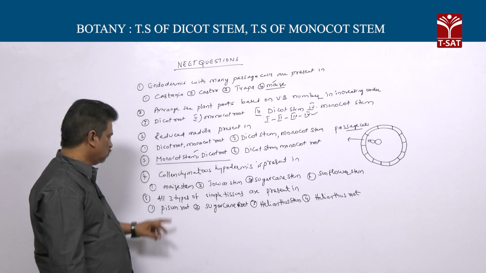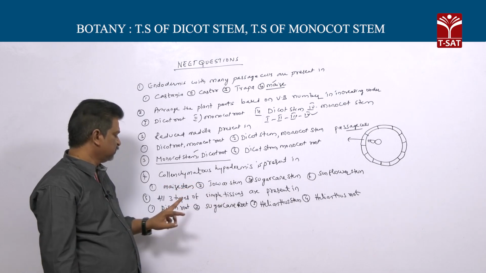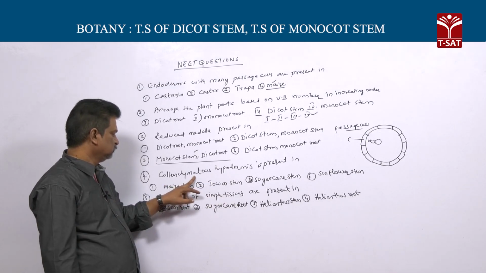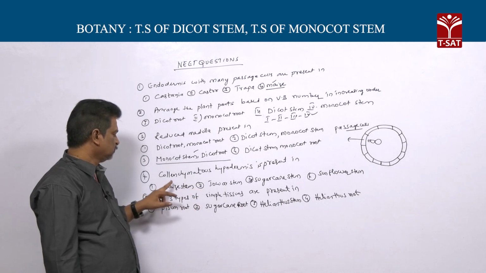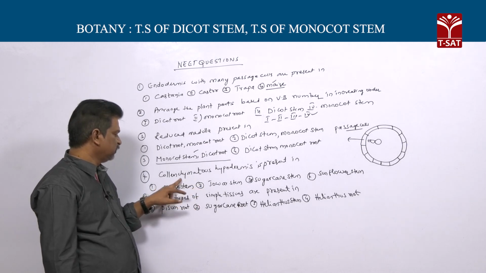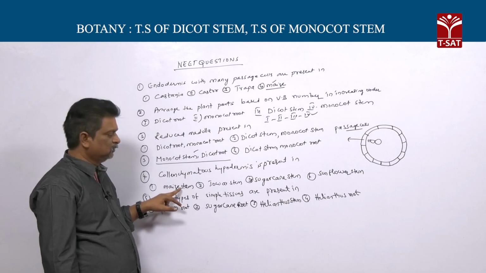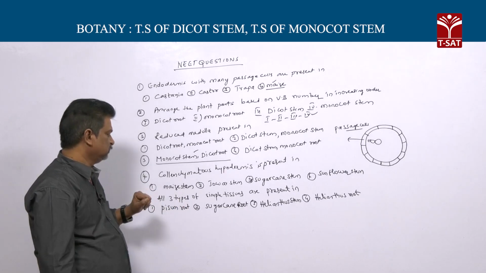Then, hypodermis present in which? Remember, collenchyma is absent in monocot stem and roots of all plants. So, first option, monocot stem, so collenchyma absent.